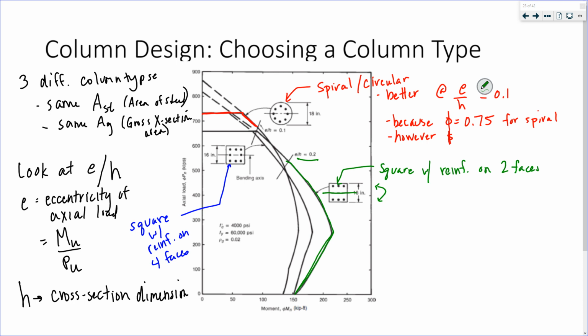So square with reinforcement on two faces, that means your reinforcement is out on the edges here, providing your moment capacity, right? Because your phi Mn is your area of steel times Fy times that distance. So those are better, right?